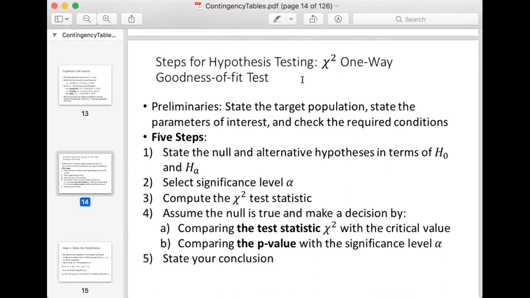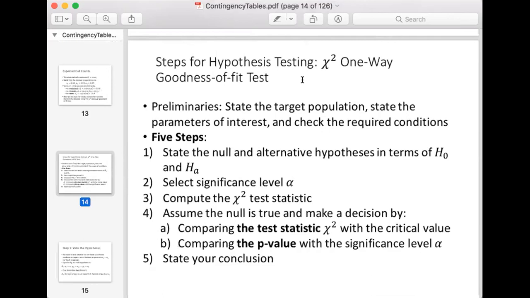The first step is to state the null and the alternate hypotheses. Second, you're going to select a significance level alpha. Third, you're going to compute the test statistic, which for the chi-squared test is the chi-squared goodness of fit test statistic.